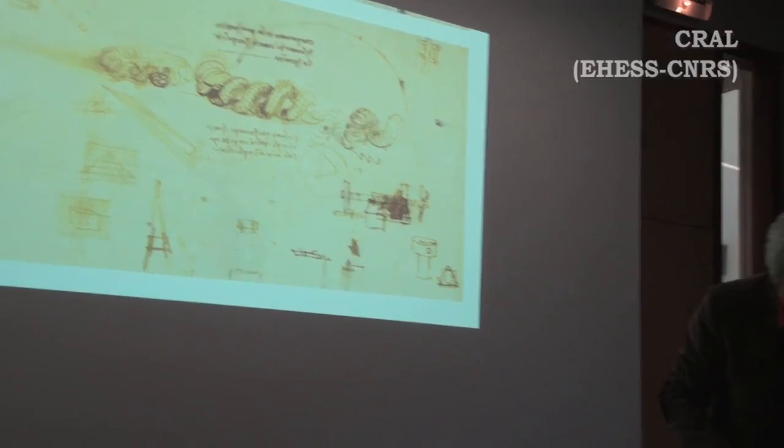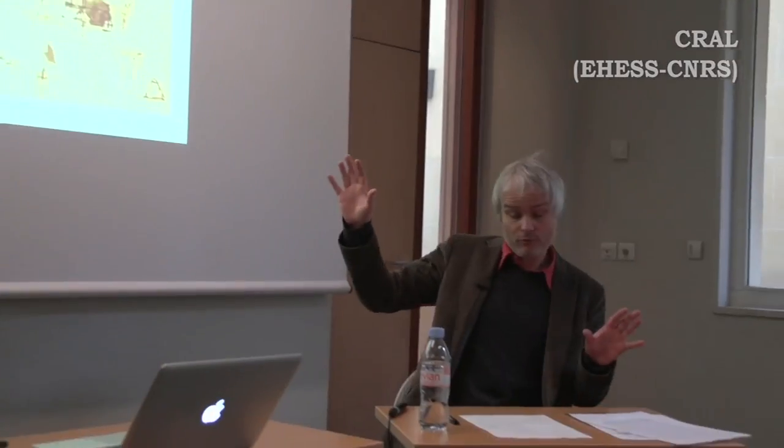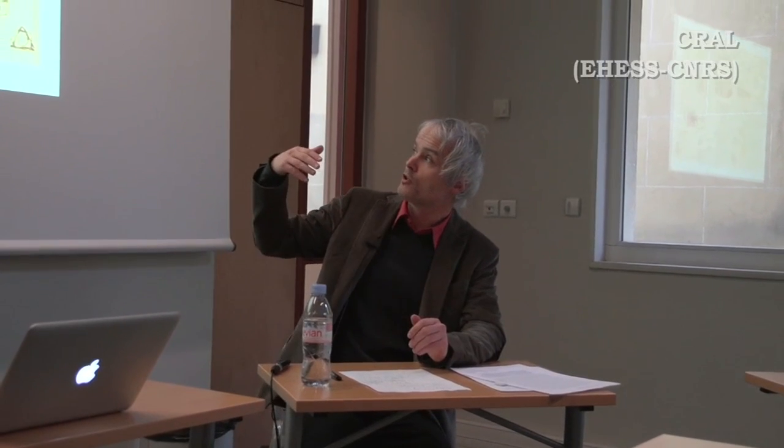I hinted that this is very important for the development of certain graphic means in Leonardo's drawing, but we didn't consider very much the fact that some of these objects are given in perspective, and I didn't explain how perspective enters into the history of geometry.